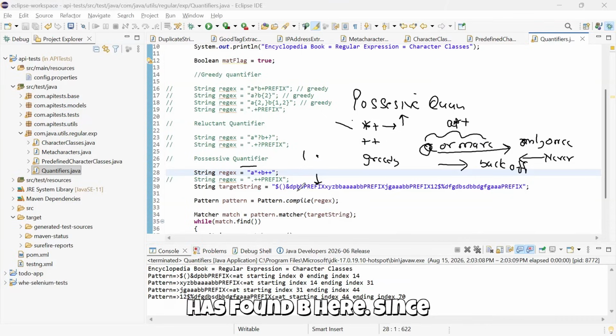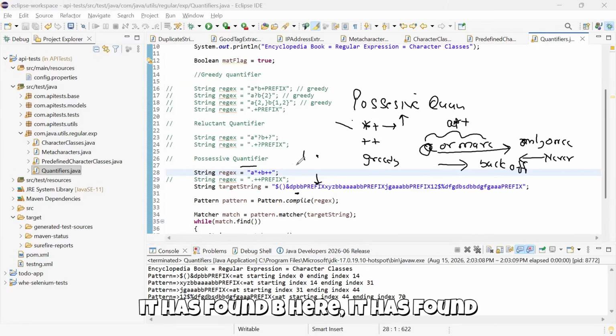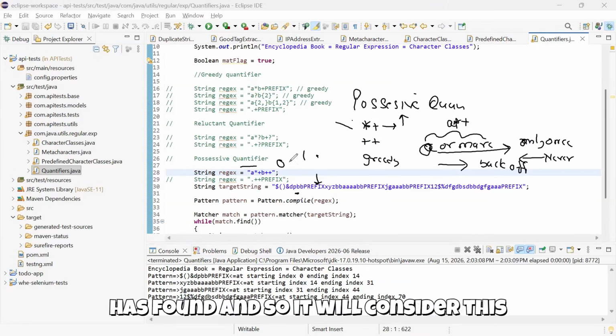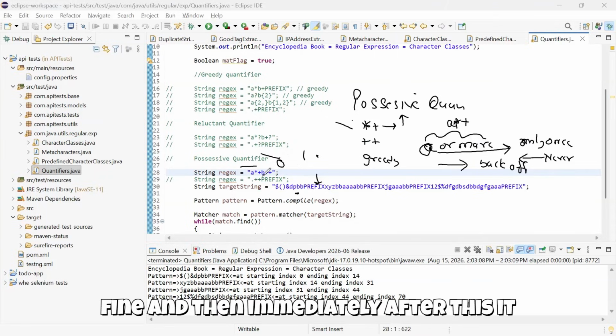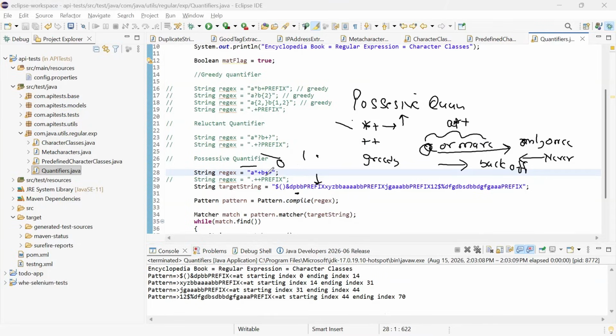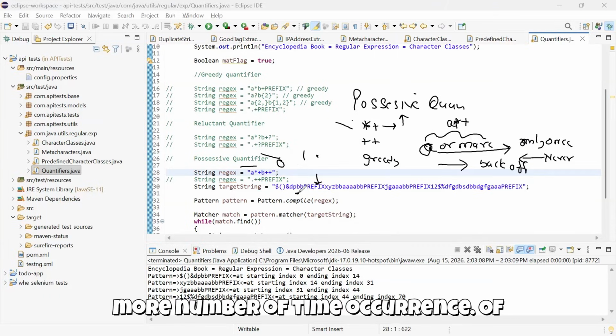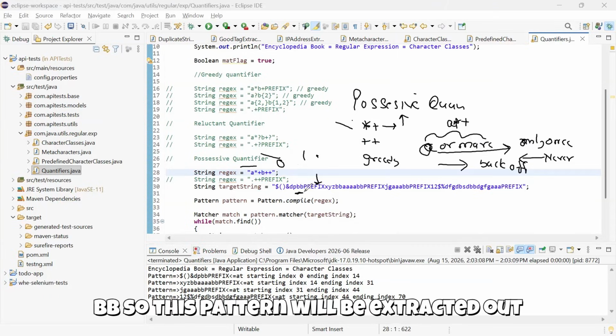It has found B here, which means zero occurrences of A, and it will consider this fine. Then immediately after this, it has found more occurrences of B, BB. So this pattern will be extracted.